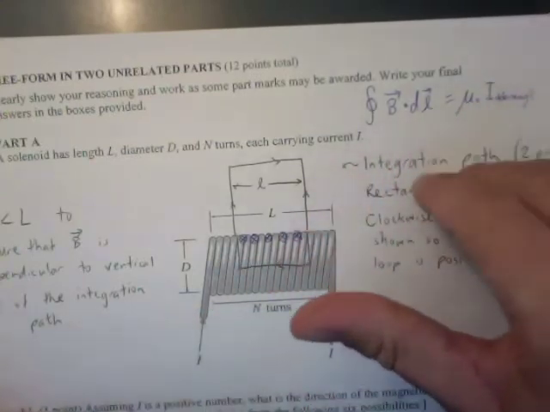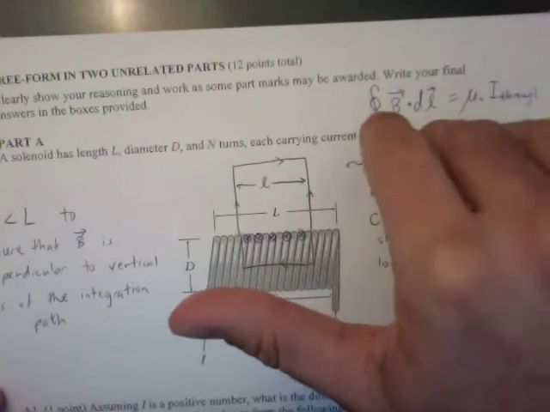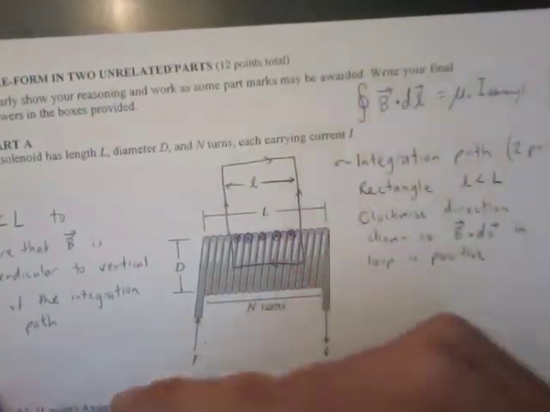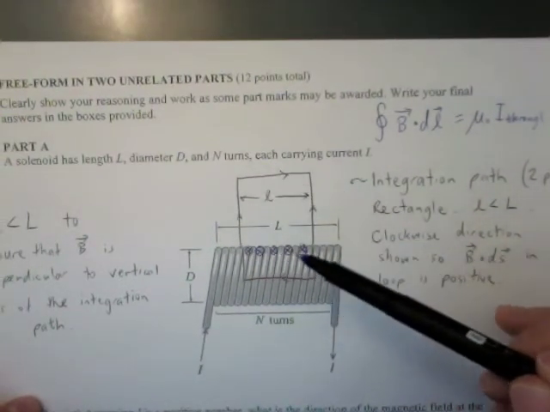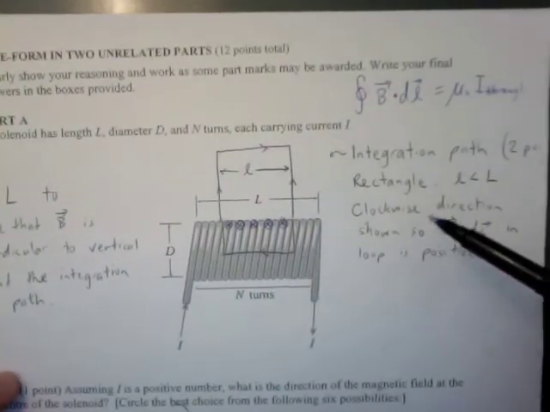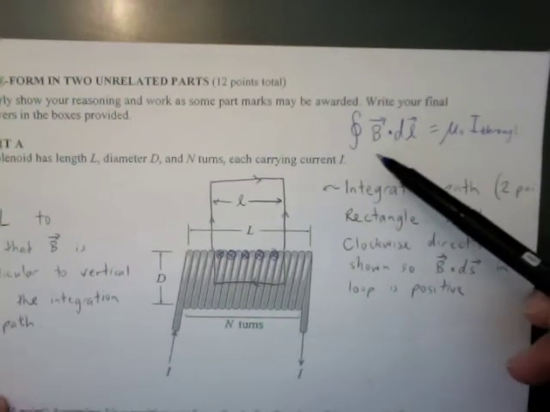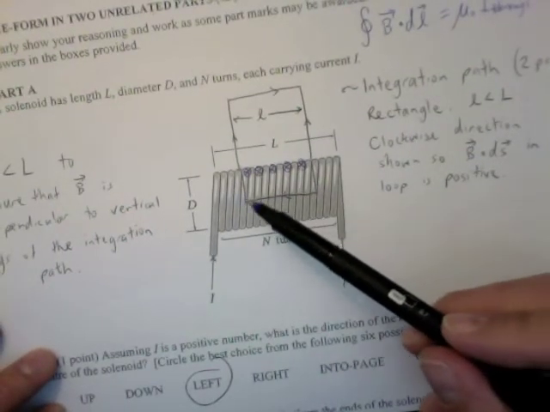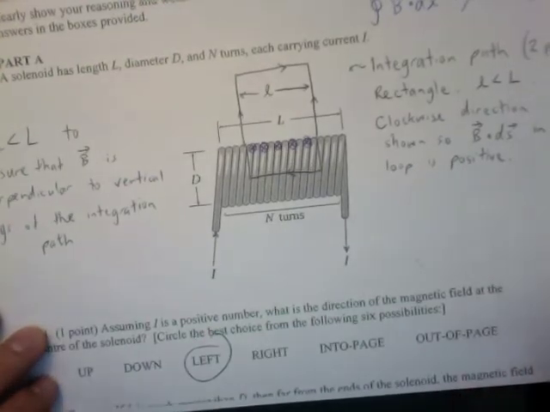And if you use the right-hand rule along the path, so your thumb's in the direction of the path and you bend your fingers, that's the direction of positive current. And so for a clockwise path, you have positive current going through the integration path. So from Ampere's law, both sides are positive, and so again you have to have the magnetic field going towards the left within the loop.